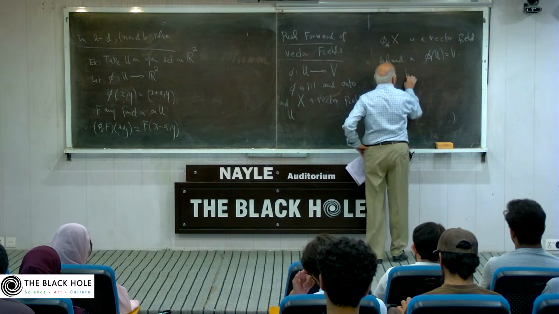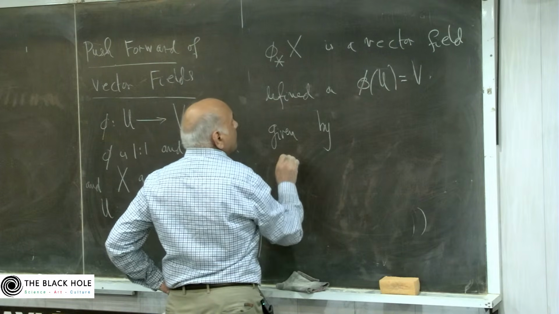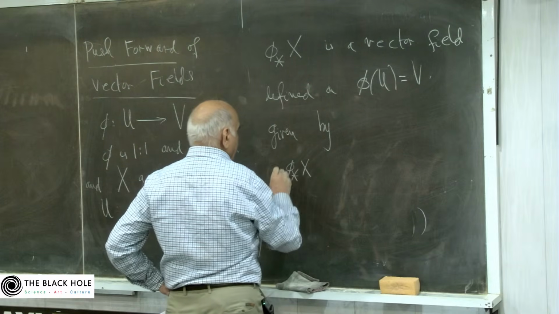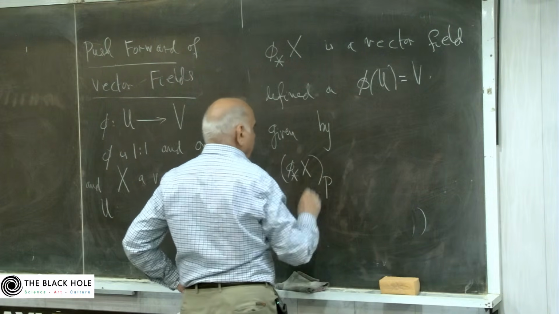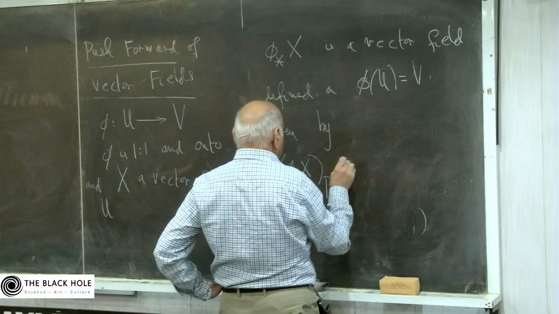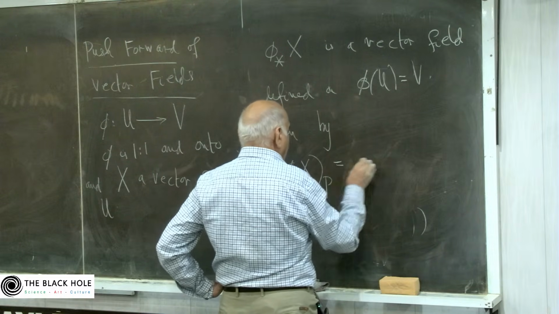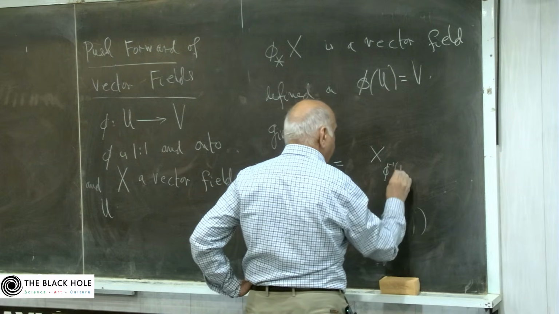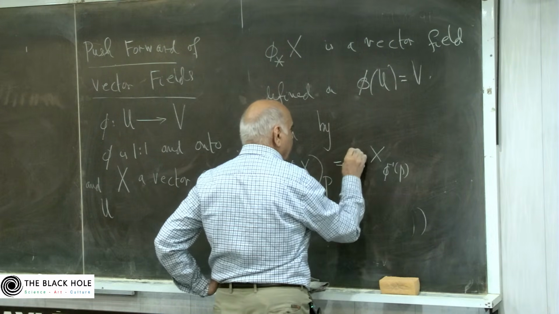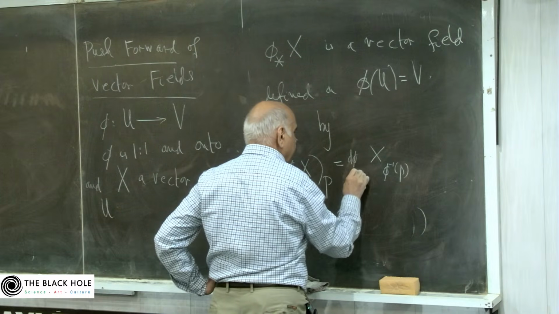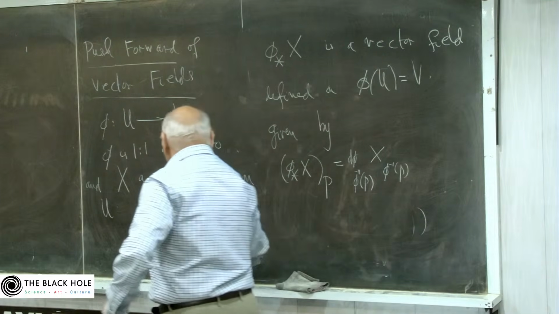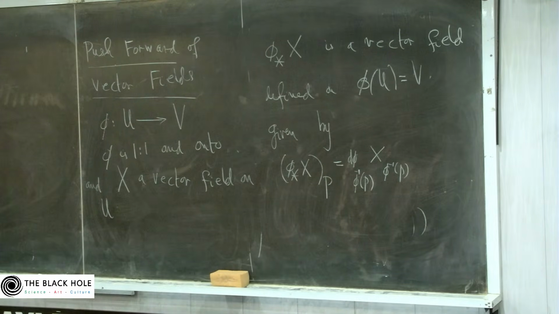Given by phi star X at a point P is equal to X at phi inverse of P, and the differential of phi at phi inverse of P. Okay, so let's again take the example.